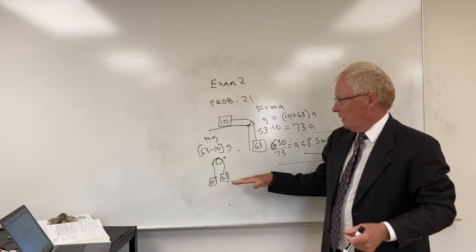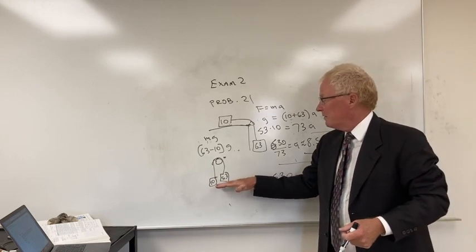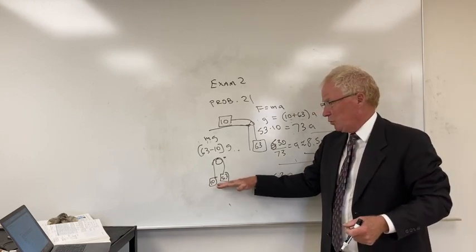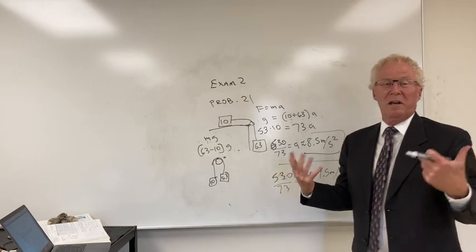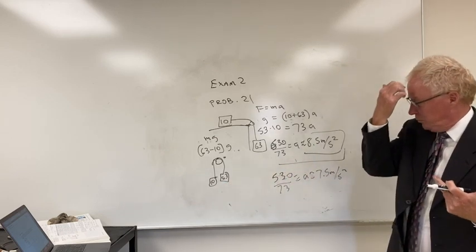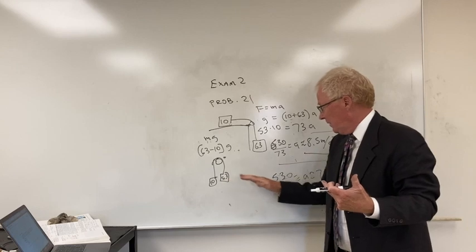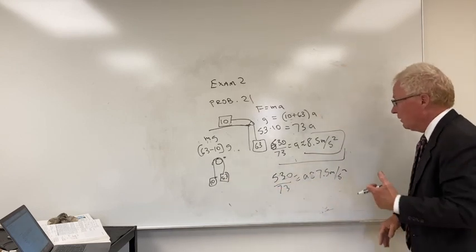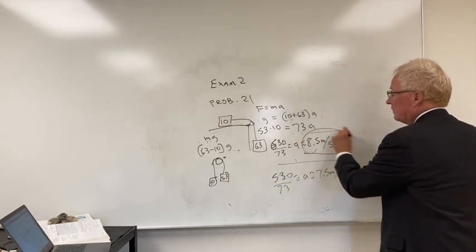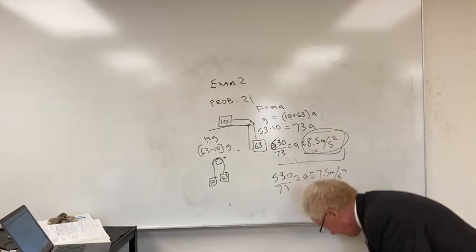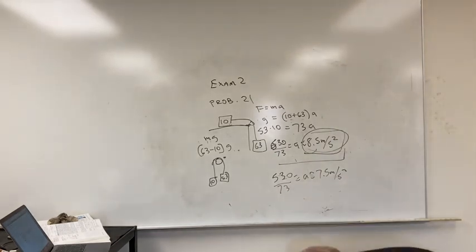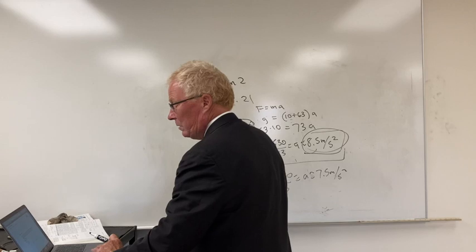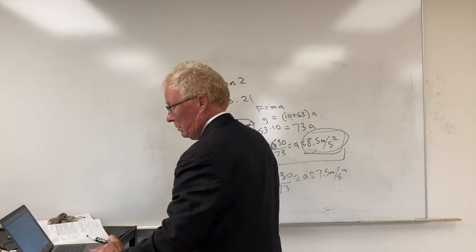But for those of you that did it this way, depending on how much work you showed, again, showing work helps a lot because that shows I know what you're talking about. That would be the correct answer, but that's not the correct answer. This is. That's problem 21. Problem 22.